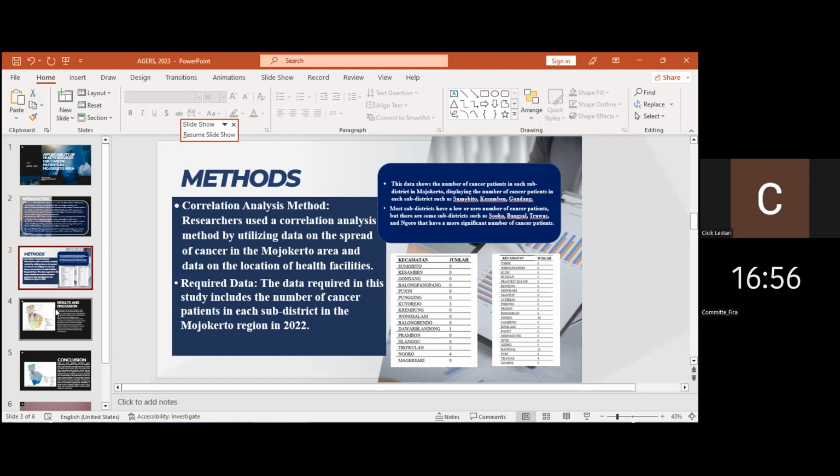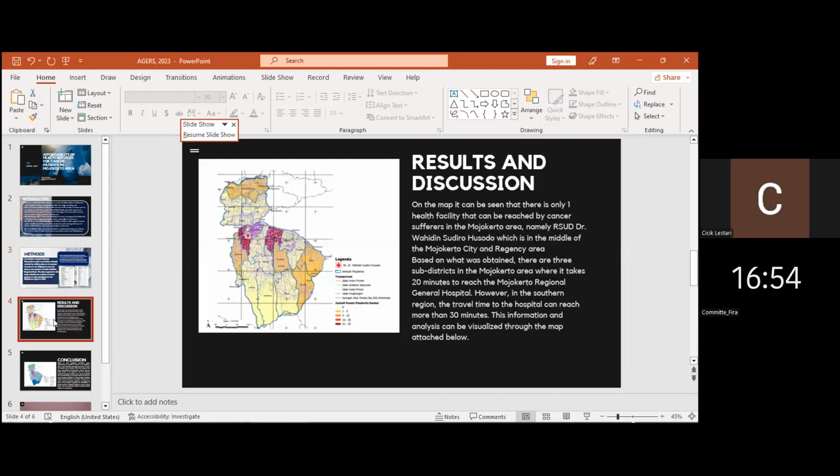Next is the result and discussion. On the map, it can be seen that there is only one health facility that can be reached by cancer sufferers in the Mojokerto area, namely RSUD Dr. Wahidin Sudirohusodo, which is in the middle of the Mojokerto city and Regency area.